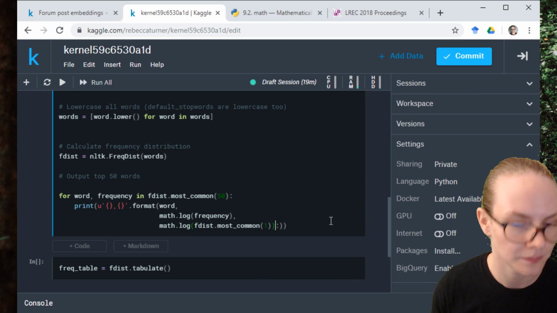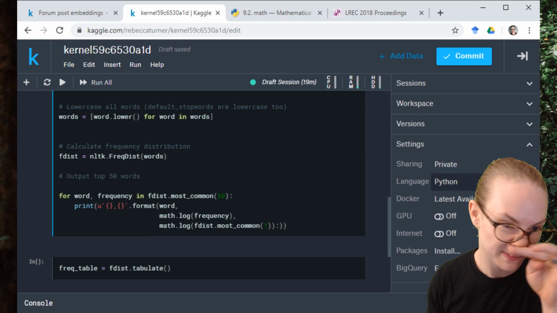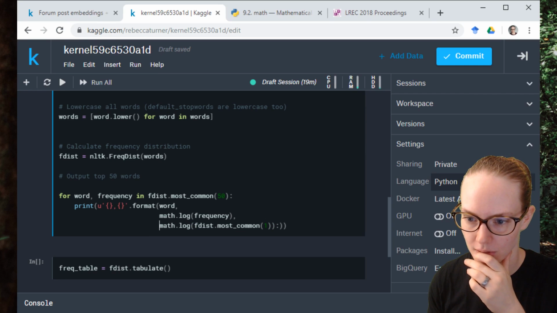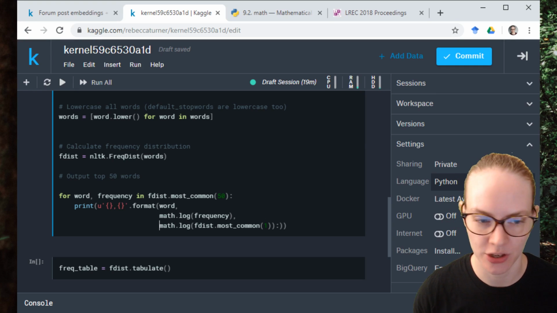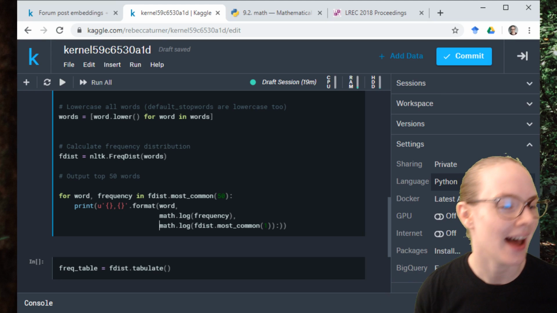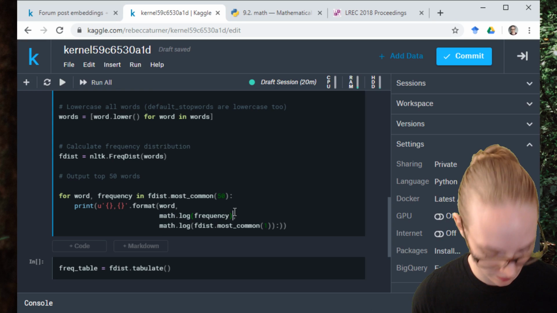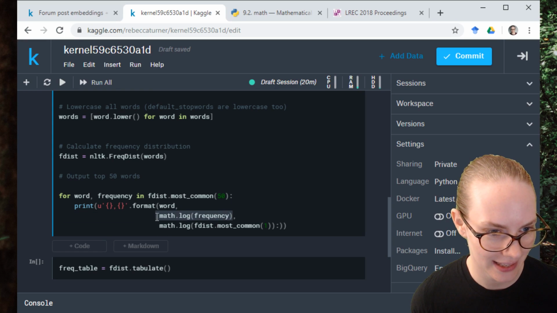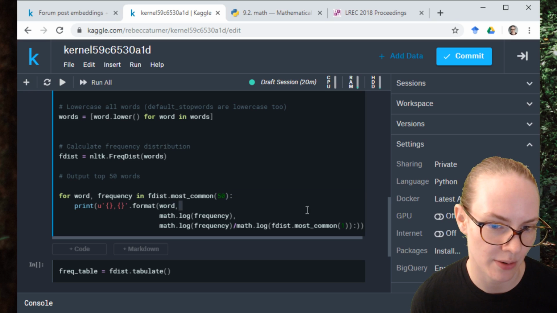It was the log of the word divided by... Yeah. So I'm just thinking about what to do about words that are out of vocabulary. Words that are out of vocabulary, we're just going to assume that it's the first time it's ever occurred, and it's a hapax legomenon, a word that only occurs once in a corpus. All right, so the log frequency of the word divided by the log frequency of the most common word.